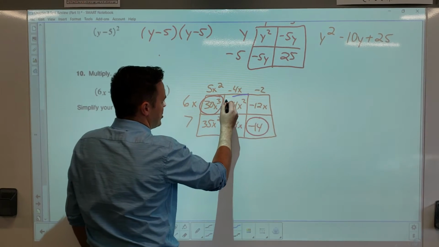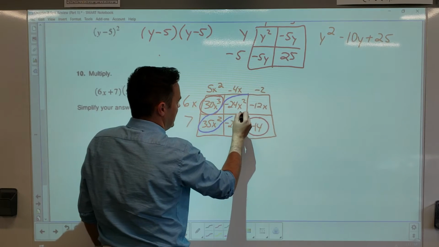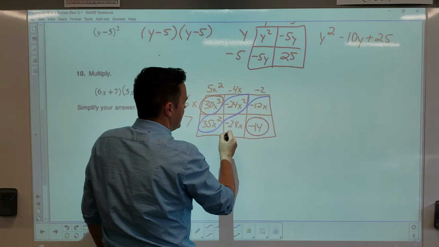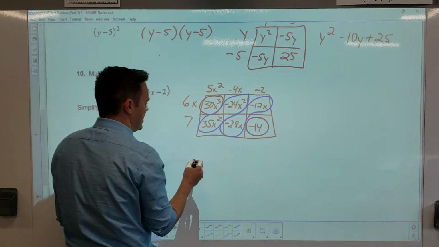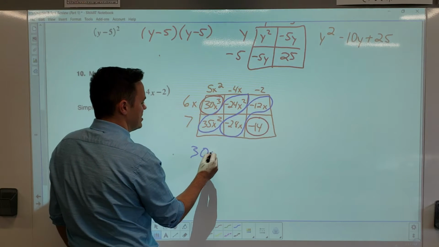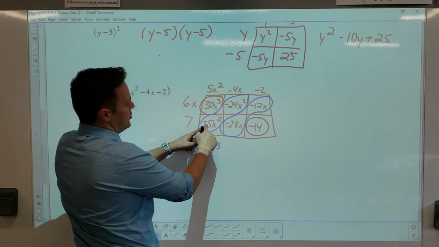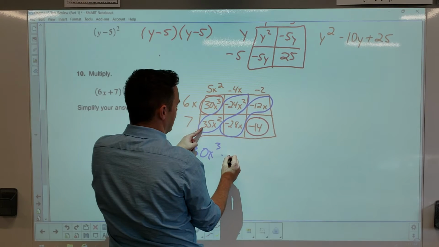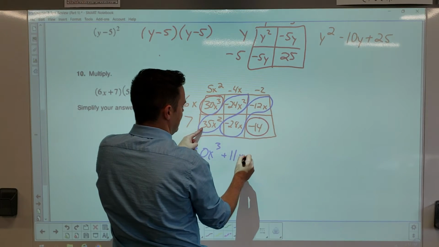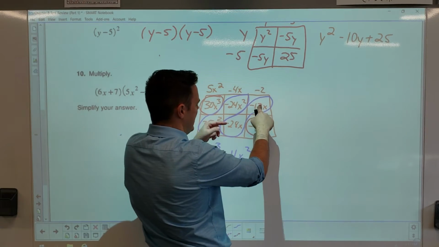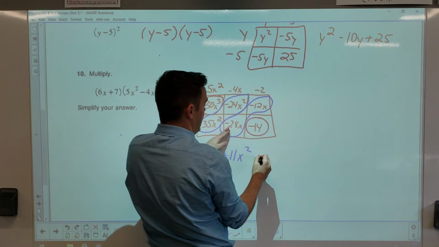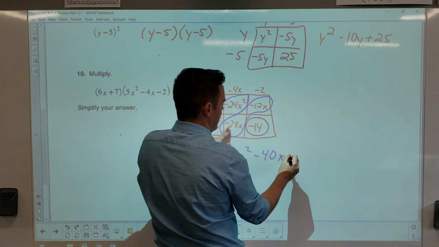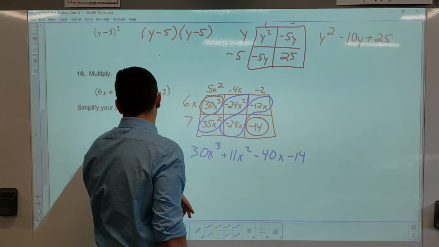And that these terms, horizontally speaking, they are like terms. Okay, so you're going to add those together. So 30x to the third is by itself. 35 minus 24 is 11. It's going to be positive 11. 28 and 12 is going to be negative 40x, minus 14.